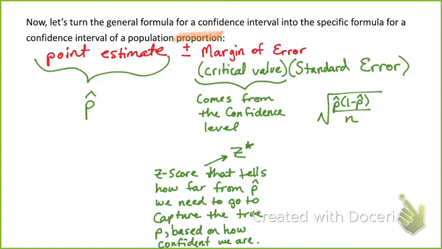So, remember when we talked about increasing the sample size? When we increase our sample size, we decrease our interval. And here's why. When I increase my N, it makes this part of the equation smaller. When this number gets bigger, this gets smaller.